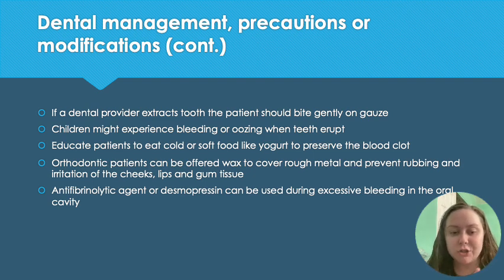And then educate patients to eat cold or soft food like yogurt to preserve the blood clot. And orthodontic patients can be offered wax to cover rough metal and prevent rubbing and irritations of the cheeks, lips, and gum tissue, which I was offered wax, and I'm not a hemophiliac. It just really helps.